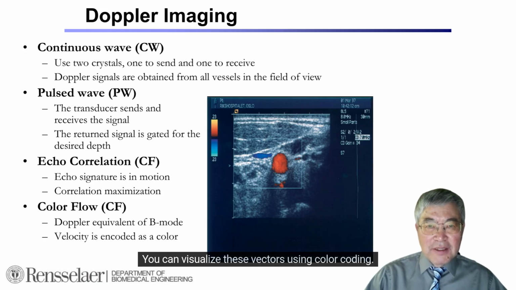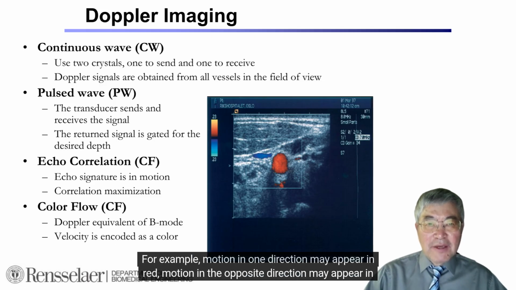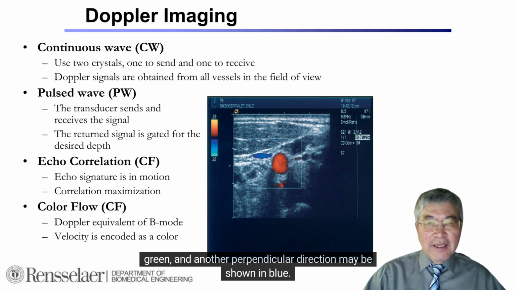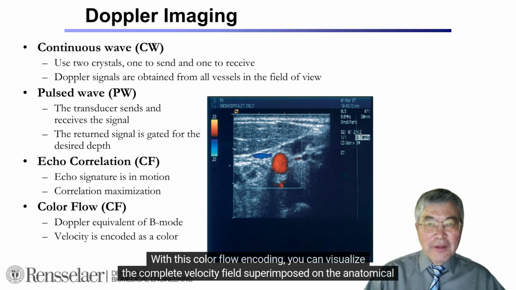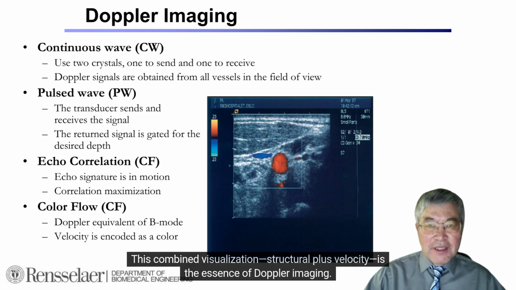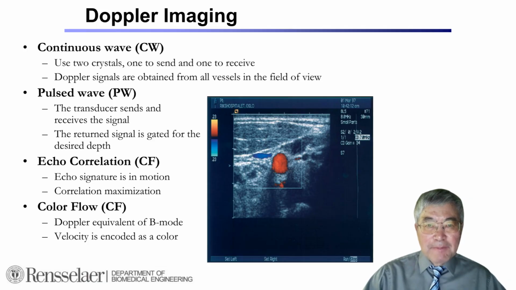You can visualize these vectors using color coding. For example, motion in one direction may appear in red, motion in the opposite direction may appear in green, and another perpendicular direction may be shown in blue. The color intensity represents the velocity amplitude. With this color flow encoding, you can visualize the complete velocity field superimposed on the anatomical image. This combined visualization, structural plus velocity, is the essence of Doppler imaging.